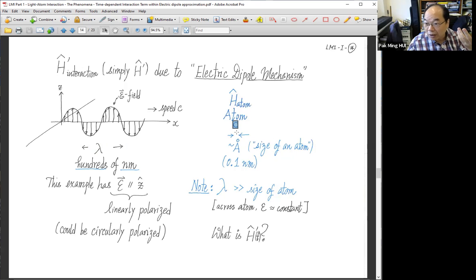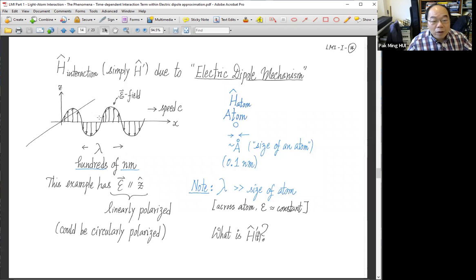There's good Schrödinger reason for that. Think about it. So basically, we have the situation. The wavelength of the incident light is much longer than the size of an atom.